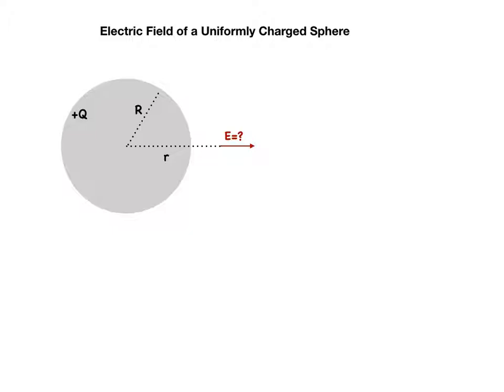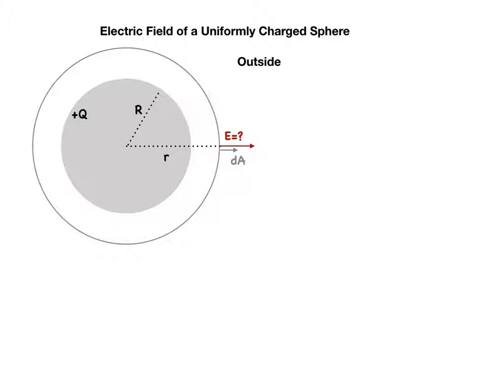We have the same spherical symmetry as we discussed in the example when we calculated the electric field by a point charge. So the electric field vector will be pointing outward in a radial direction. Here's our Gaussian sphere with area vector dA, again parallel to the electric field.